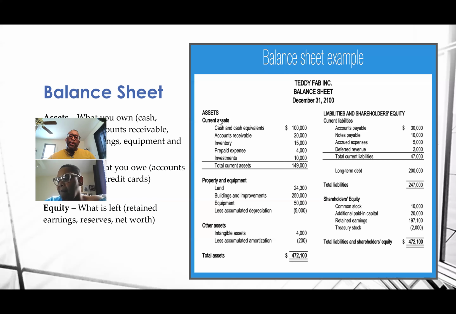For instance, if you look at the current assets of $149,000 and you look at current liabilities of $47,000, this is a good ratio, good balance sheet, because typically you want your current assets to be able to cover your liabilities, a 1-to-1. This is almost 3 times the amount. So you have 3 times the current assets than liabilities, meaning that in the short term of operations, if you had to pay all your current liabilities off, you would have enough current assets to go ahead and pay that off if you stopped operations.